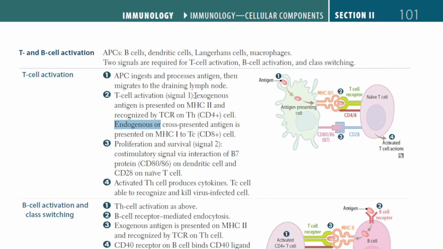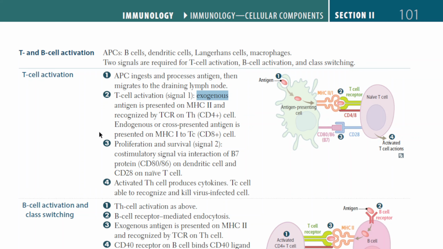So you can see here, exogenous antigens are presented to MHC2. Instead, endogenous antigens are presented to MHC1 on CD8 cells. MHC2 or MHC1 are presented to the T cell receptor, on either CD8 or CD4, so it depends if it's endogenous or exogenous.